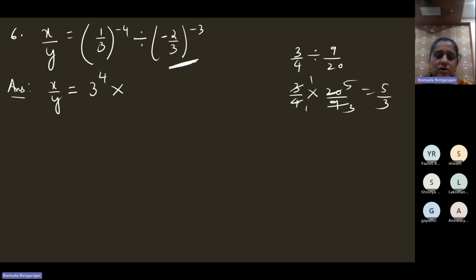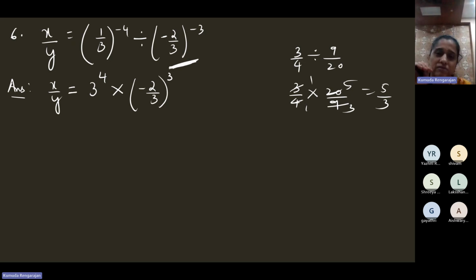So as we have understood, to write the reciprocal of an expression, you must do only one of the two actions. Either take the reciprocal of the base or the negative of the power. So we'll take the negative of the power because anyways, we don't want the power to be negative, right? We want it positive. So you choose the right option. If the power is already positive, then you take the reciprocal of the base.